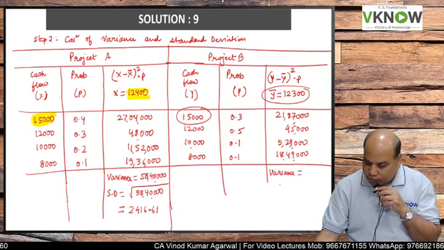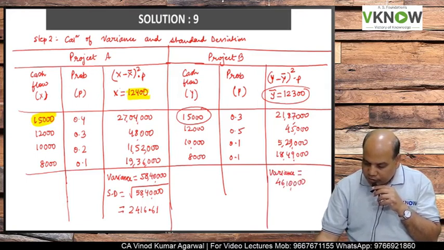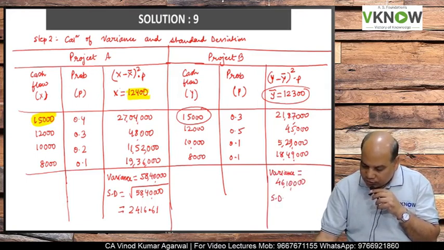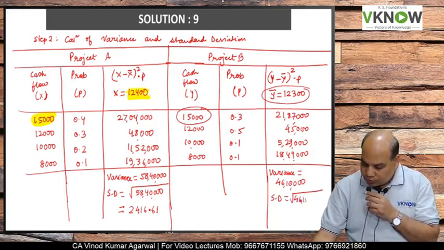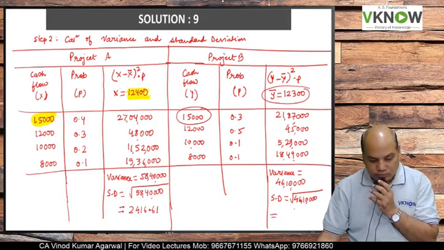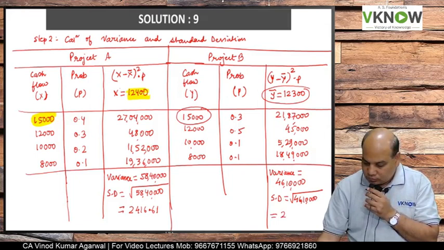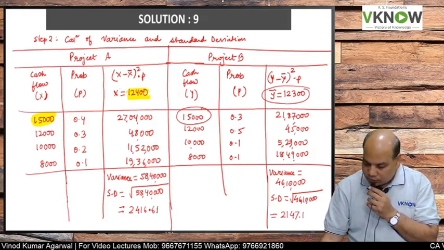Total is how much? 46 lakh 10,000. And then below that write down standard deviation is equal to under root 46 lakh 10,000. Square root of variance is called standard deviation. 2147.1 approximately, write down.